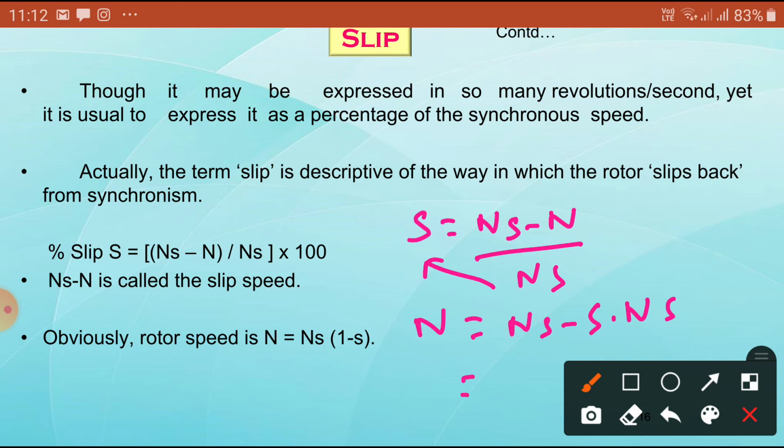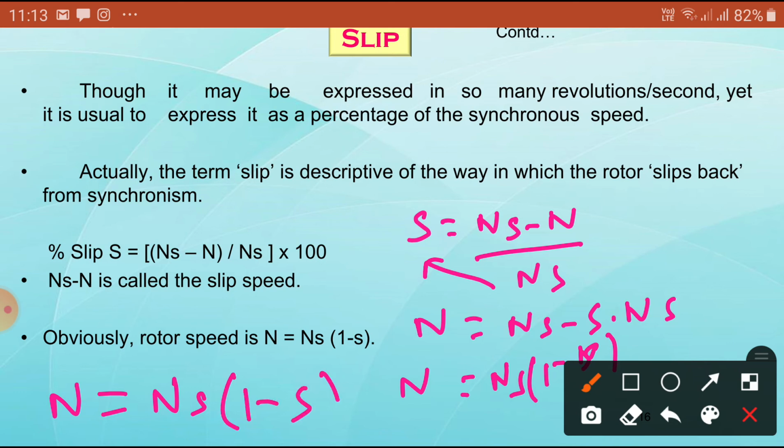Taking ns common, n is equal to ns into (1 minus s). That means the rotor speed is equal to the synchronous speed ns into (1 minus s). If you know the slip, then you can find the speed of the rotor.